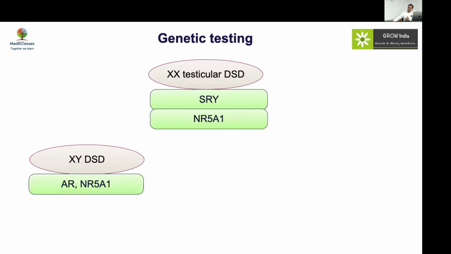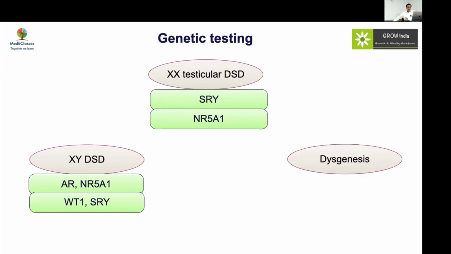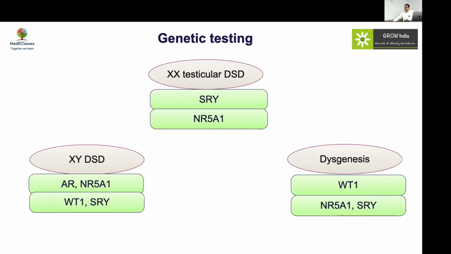If you're thinking of a gonadal problem, of course, do NR5A1. If you're thinking of AIS, do an androgen receptor study, and then WT1 and SRY would be important from that perspective. If there is gonadal dysgenesis, you have to think of WT1 very importantly, because that could result in renal failure. NR5A1 and SRY will also become important from the clinical perspective.